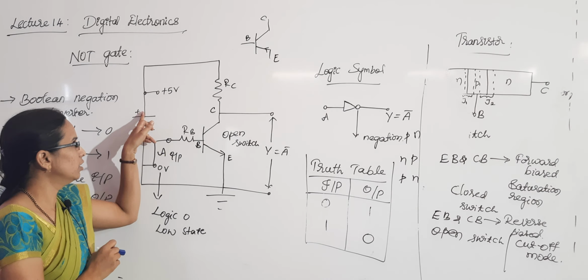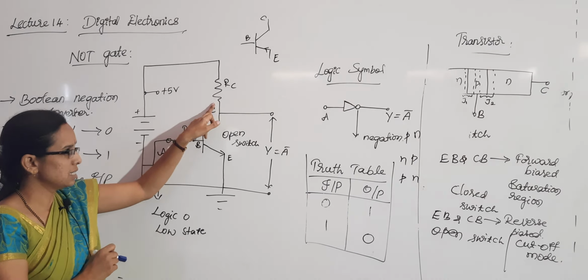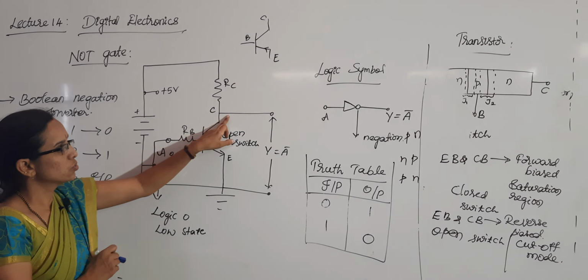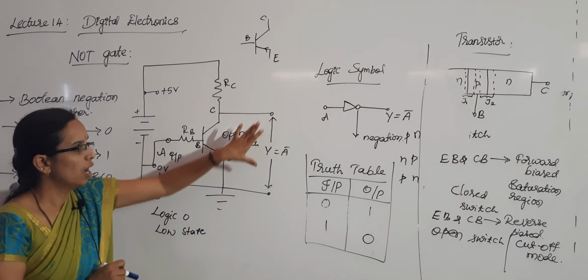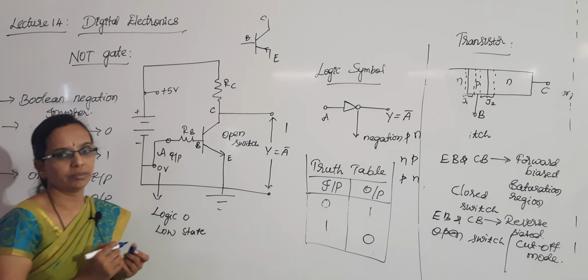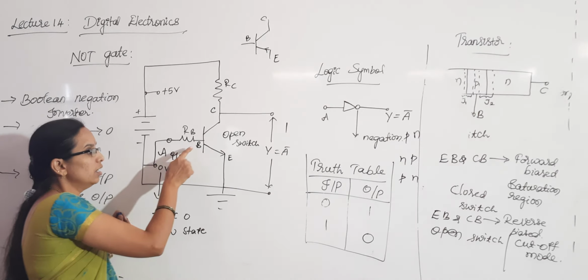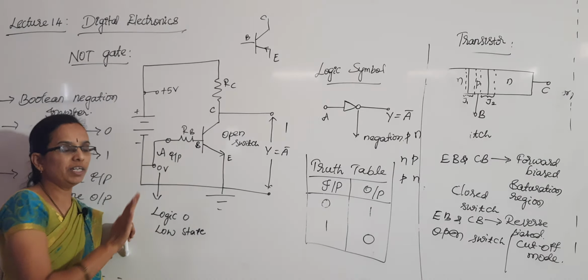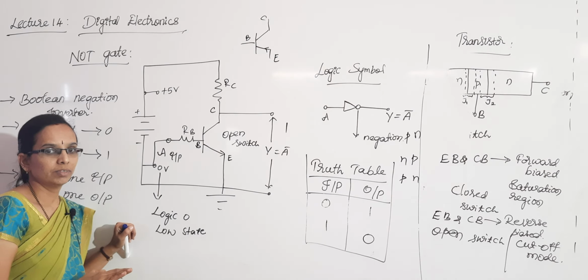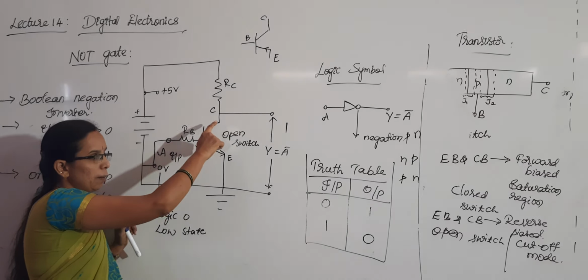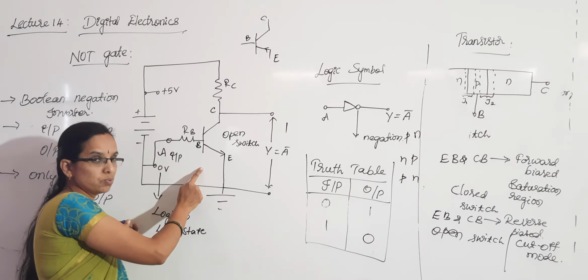So, the 5 volt will come to RC and here it will find an open circuit. So, all the current flows through the output and you can expect 1 as the output. Whenever the base is connected to 0 volt, the transistor will be turned off. It will go into cutoff mode and act as an open switch.